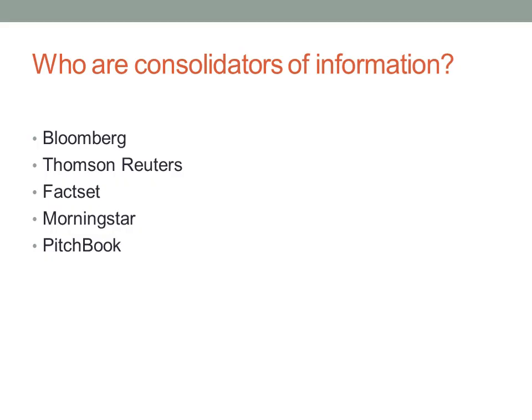What they do is gather research reports, data, and news, and analyze them from multiple sources and provide them in a single organized place. A few well-known consolidators of information are Bloomberg, which is very famous for its Bloomberg terminal. Then we have Thomson Reuters, FactSet, Morningstar, PitchBook, etc. They publish their own research. So these are the well-known consolidators of information.